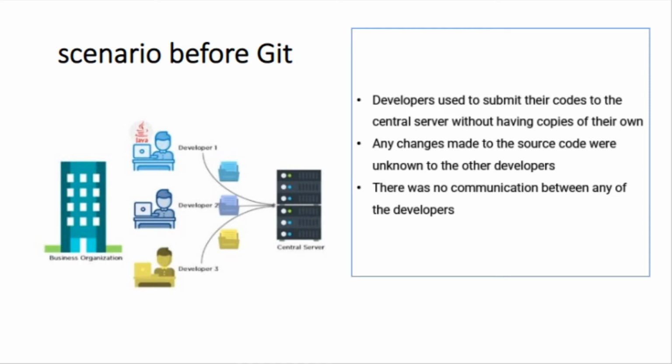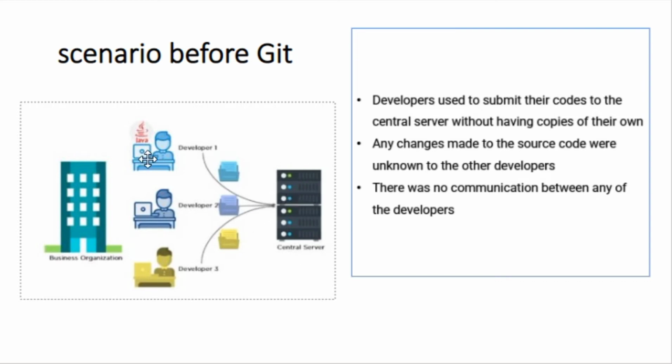So we will see, when Git had not evolved, what the scenario was, how we worked earlier. In this example you can see the branch, business organizations. Here we have 3 developers, 1, 2 and 3, and they are pushing their code onto the central server.